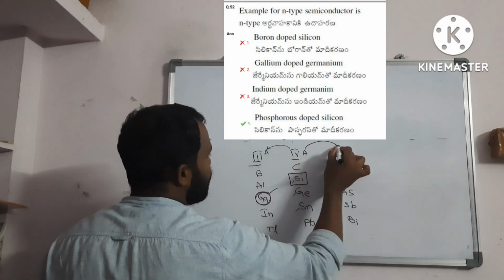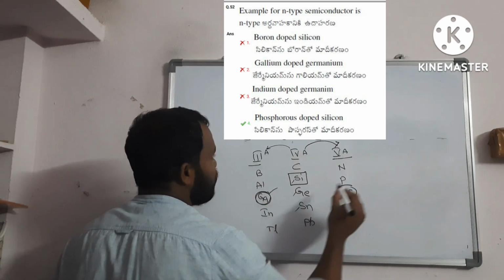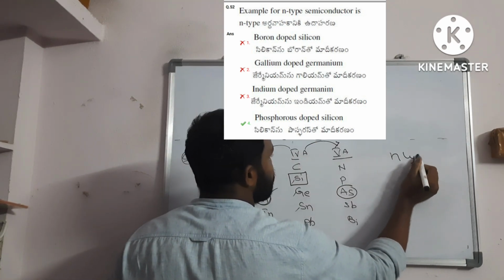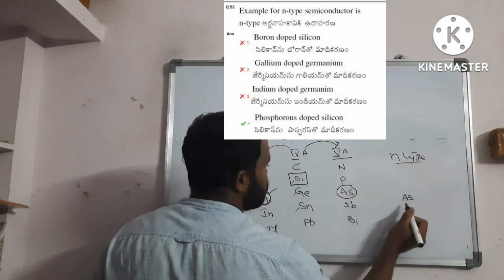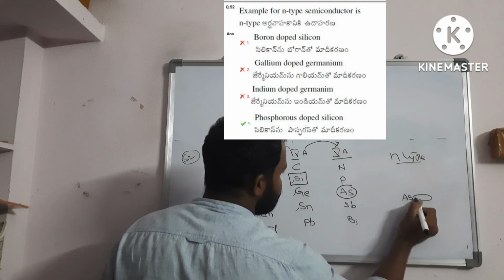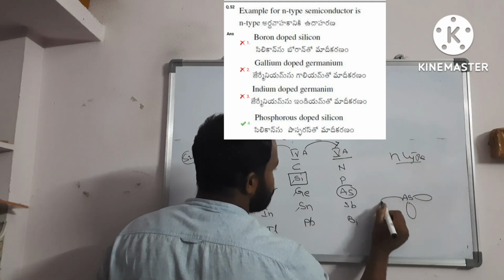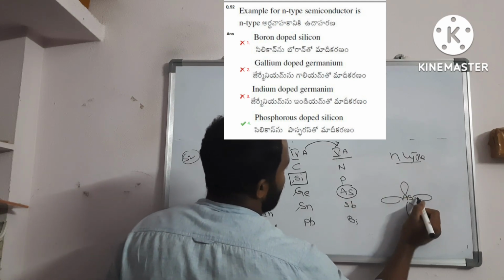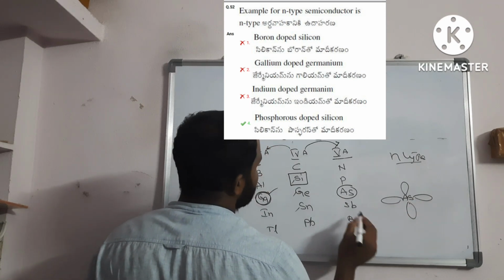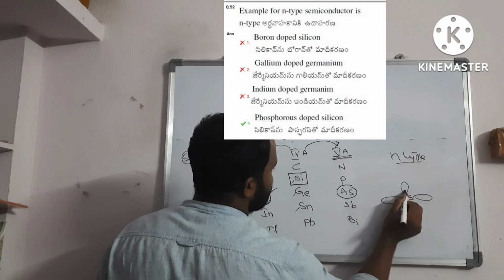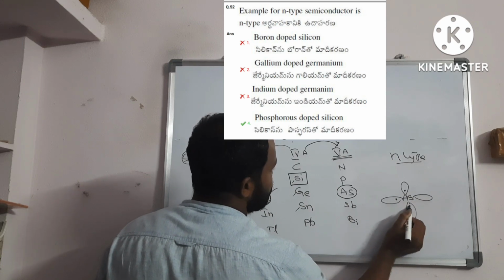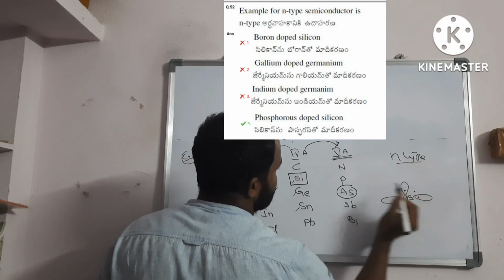If you dope with higher group elements like arsenic, I will write here N-type, for your clarification. Arsenic contains how many valence electrons? 5 electrons, right? 1, 2, 3, 4, and 1 is an extra electron.